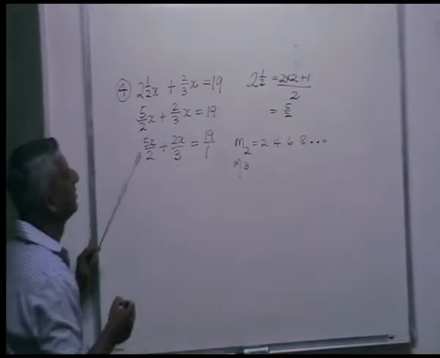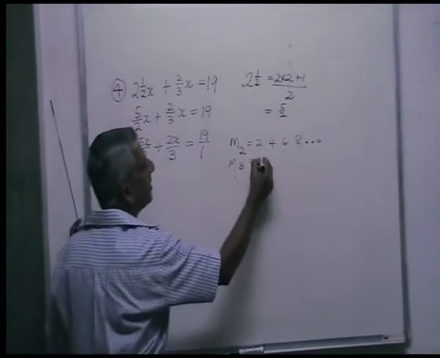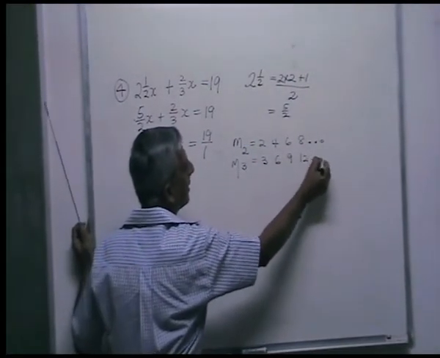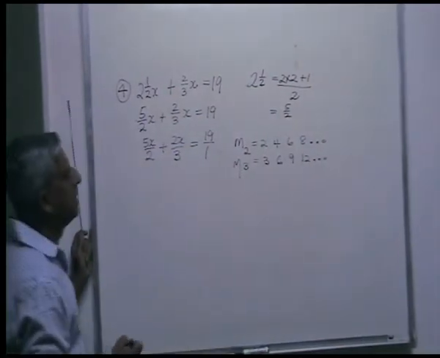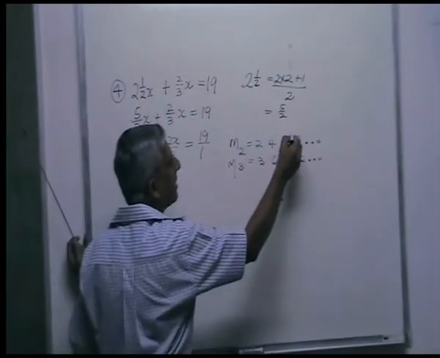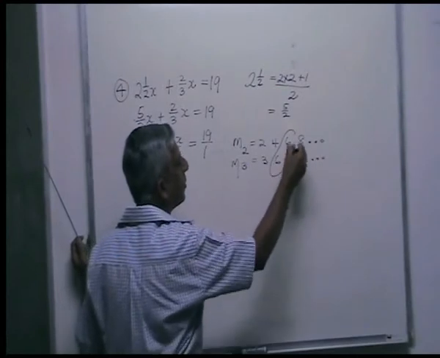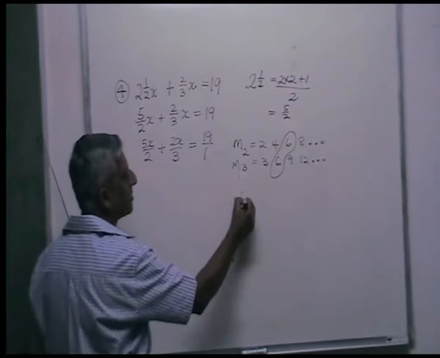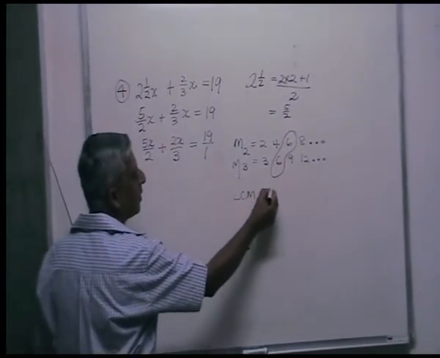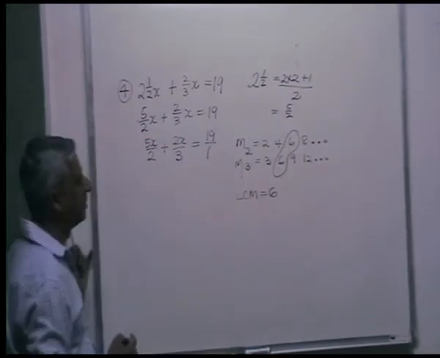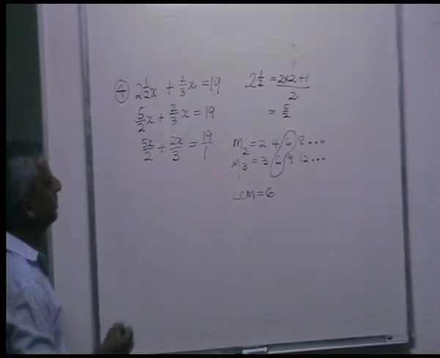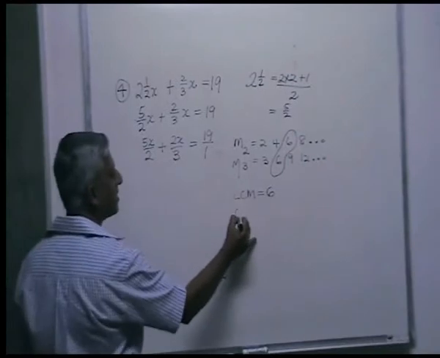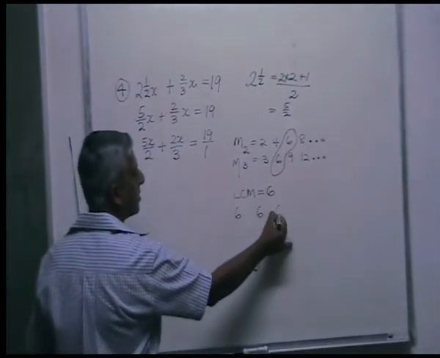Multiples of 3 are 3, 6, 9, 12 and so on. And you can see clearly once again that the lowest common multiple is 6. So the LCM is equal to 6. Right. So we're going to write 6 down 3 times because there are 3 numbers. So 6, 6, 6.